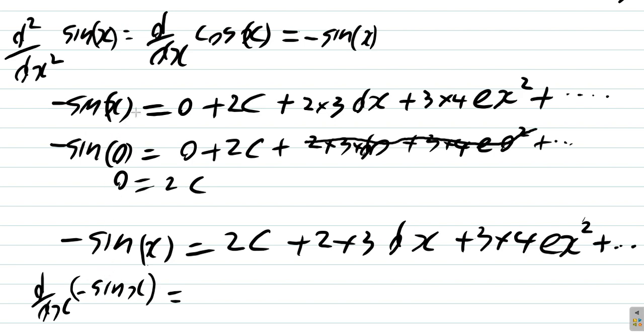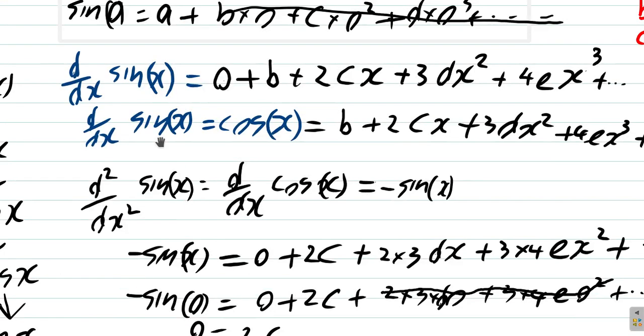We did the first and the second derivative. When you're going from the second to the third derivative, I just differentiate once. That's why I put d by dx here, because the other differentiations were done already.